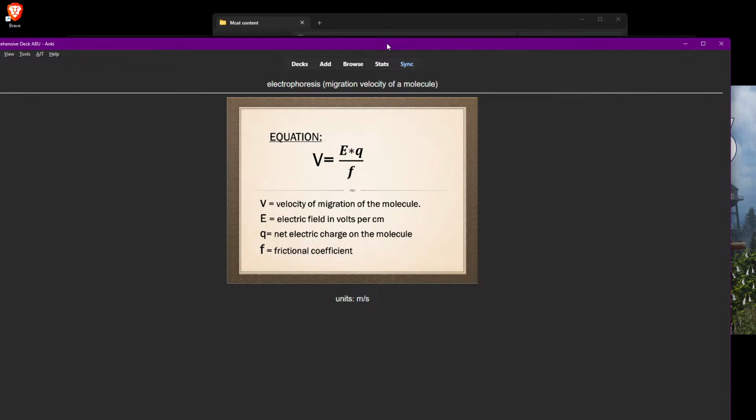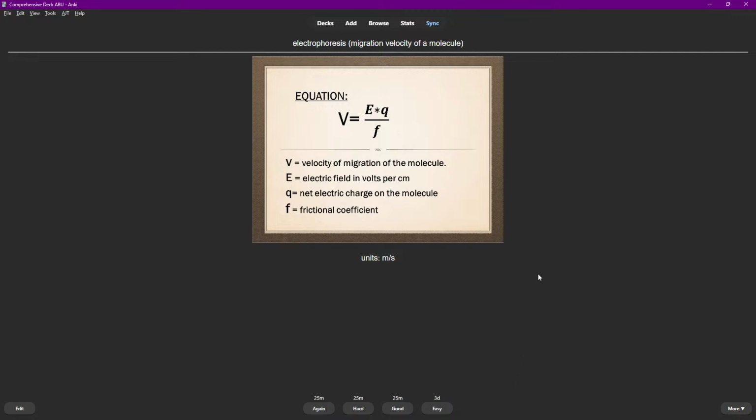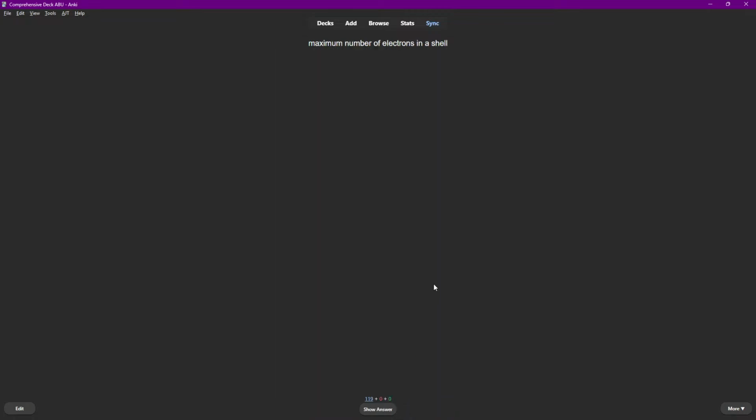So the speed for electrophoresis is the velocity of the migration of the molecule, which is equal to the electrical field times the charge divided by the friction coefficient. So it's another form of the velocity equation. Let's just say good for now.